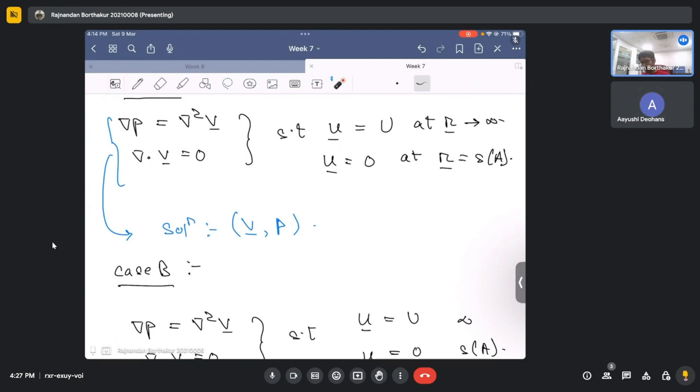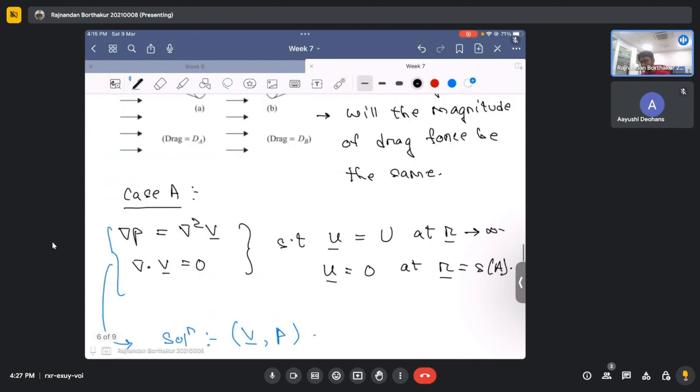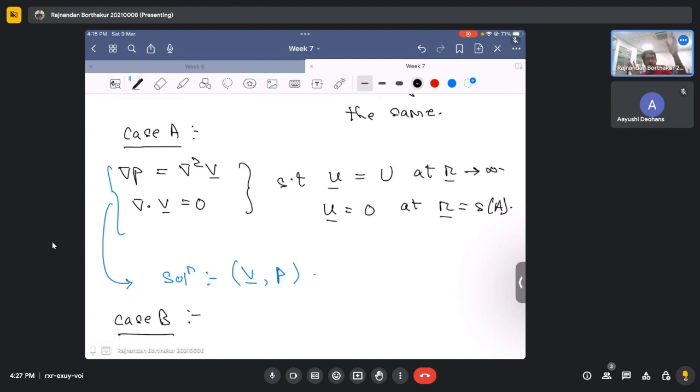Yes. This means that if I reverse the direction of flow of case A, I exactly end up getting case B. What I mean to say is, if I just change the direction of the far field, I exactly end up getting case B, which means that if V and P are solutions of A, then minus V and minus P would be the solutions of B. And this is only possible because the governing equations are linear.